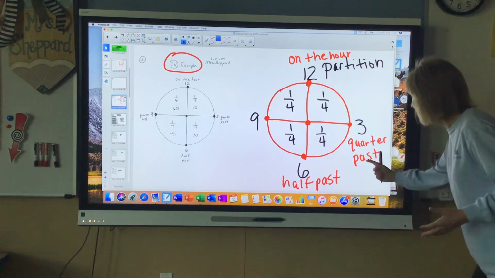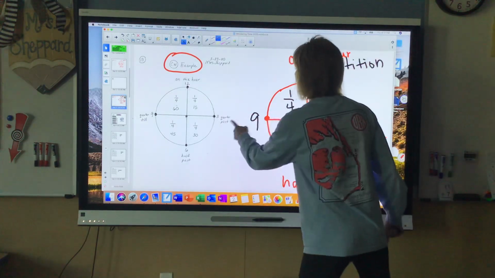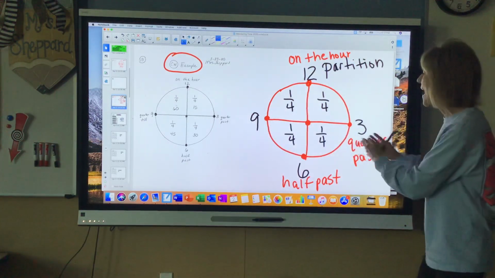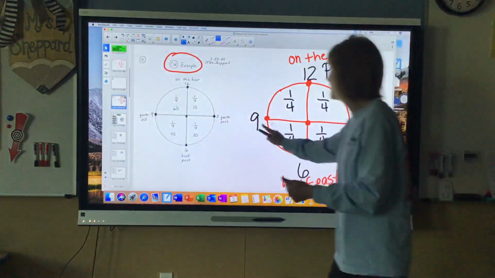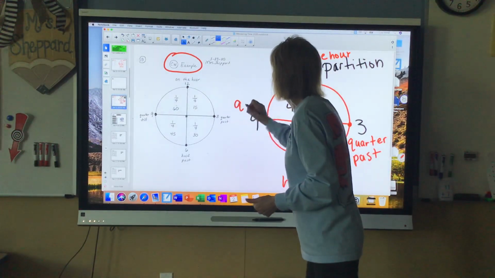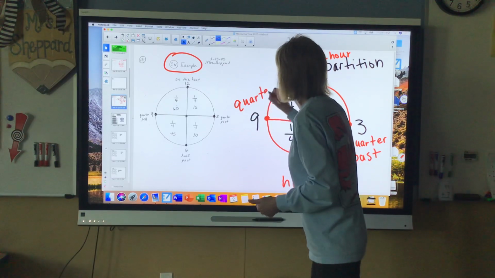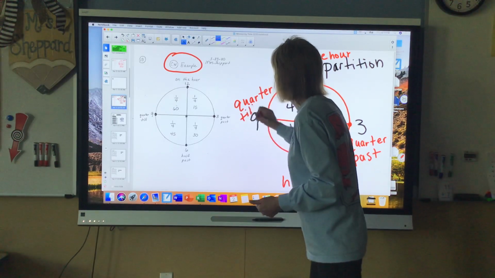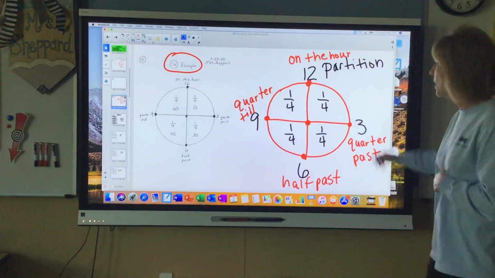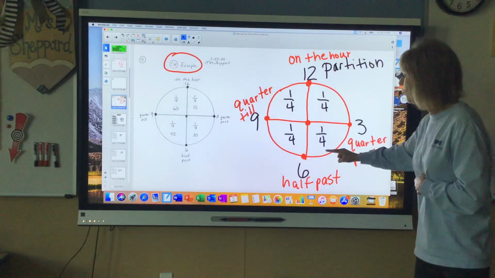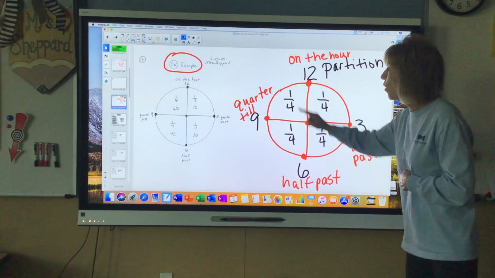Notice I wrote mine down; over here I wrote it a little bit differently. You slide it anywhere you have some space. And the 9 is going to be 1/4 till the next hour. So 1/4, 1/4, 1/4, 1/4.